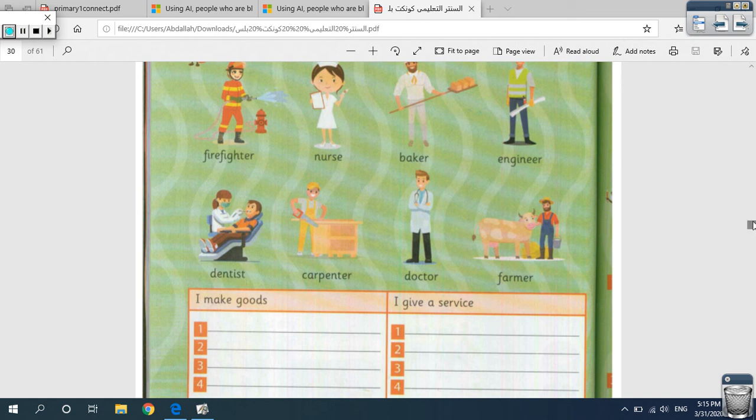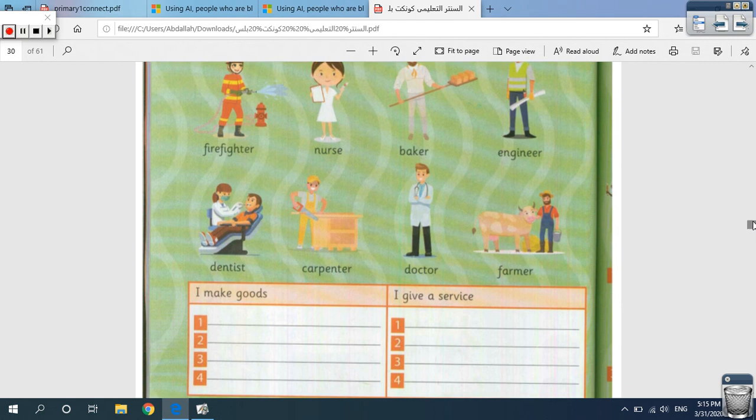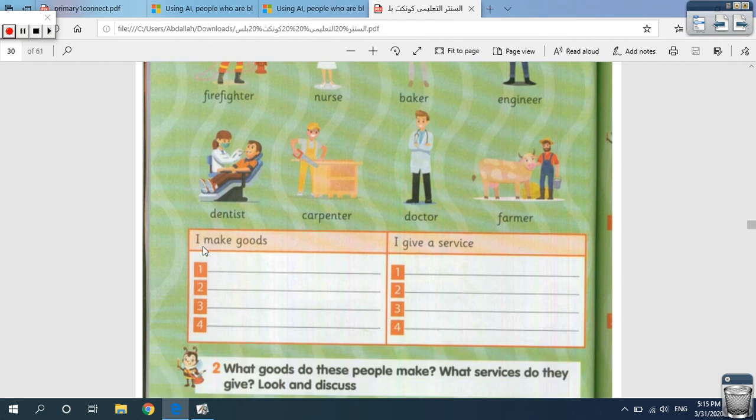Here in this table, I make goods, I give service. We're going to sort these jobs in this table into who gives us goods and who gives service. Let's check.